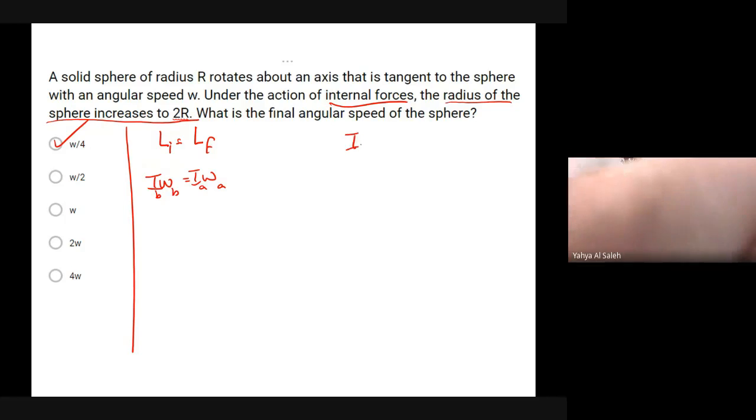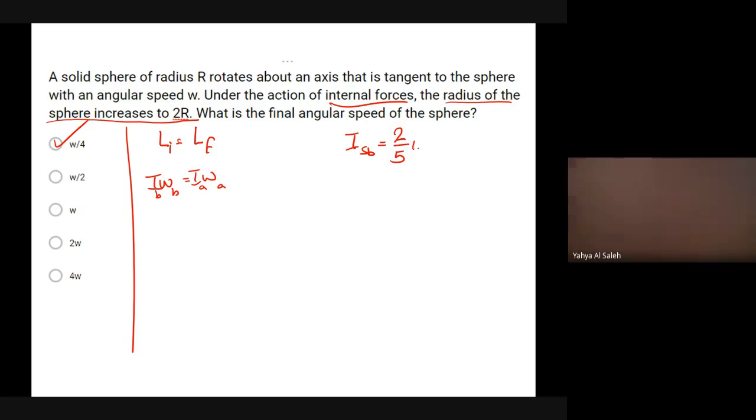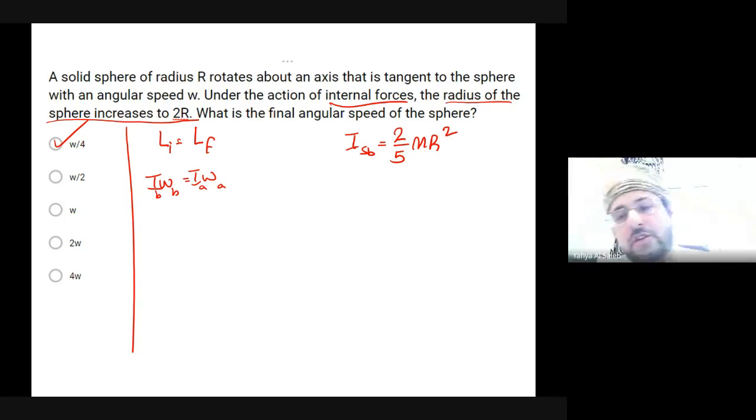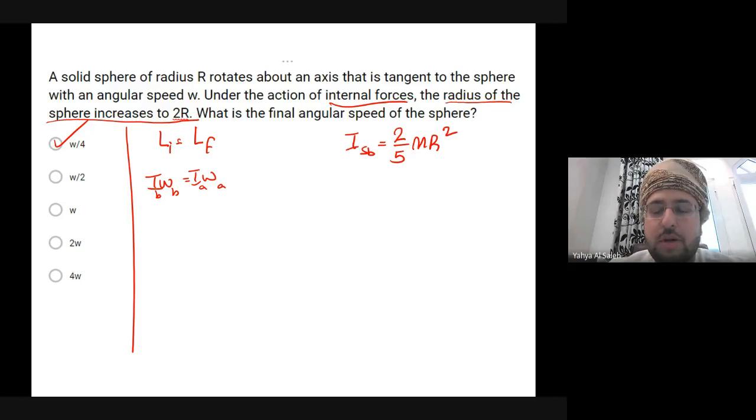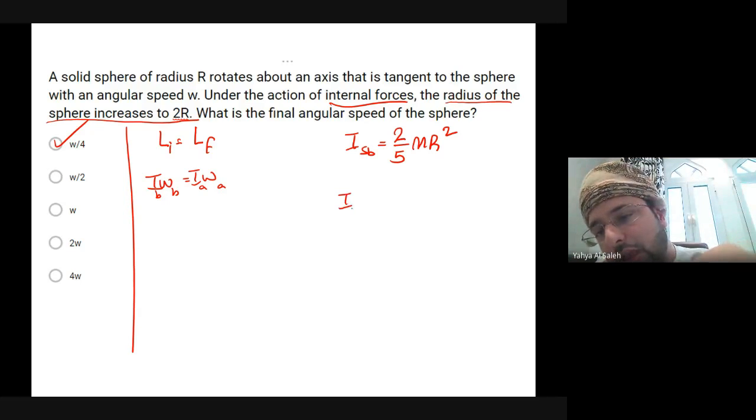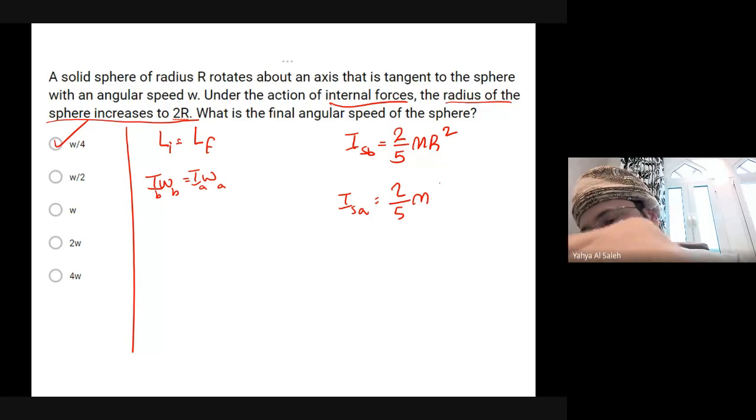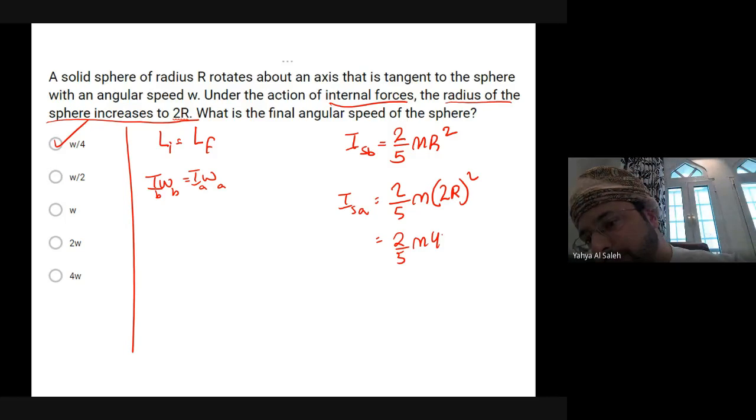Well, since it is only internal forces, we know that Li equals Lf, correct? This means that I omega before equals I omega after. But what changes here, since the radius of the sphere increases to 2r, the I also increases. What is I for a sphere? I sphere before equals 2 over 5 mr squared, right? I sphere after is still 2 over 5 m, but now I have 2r squared, which is 2 over 5 m 4r squared, which is 8 over 5 mr squared.